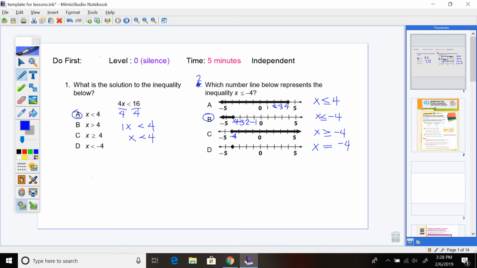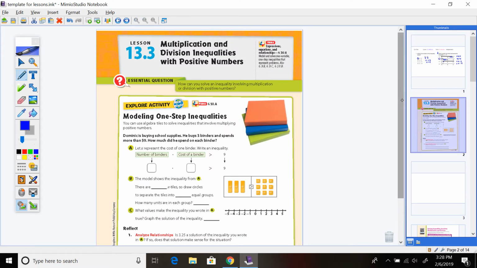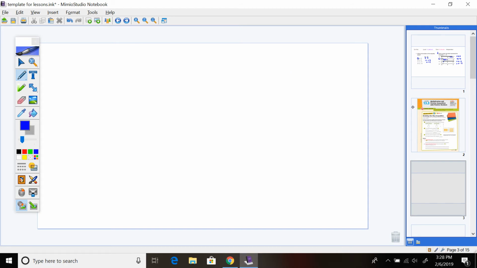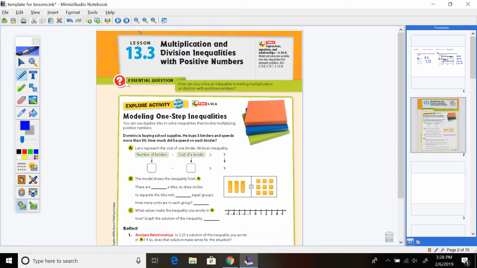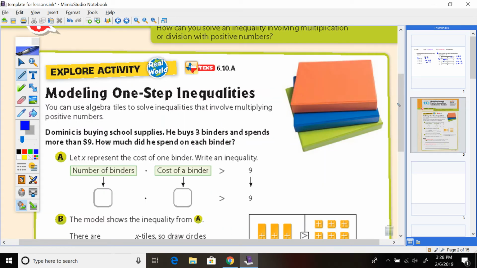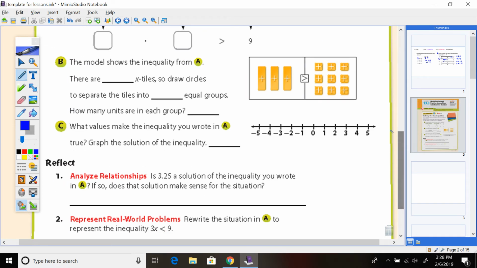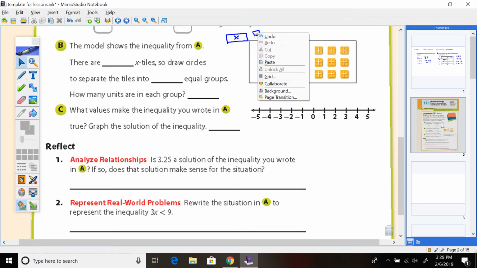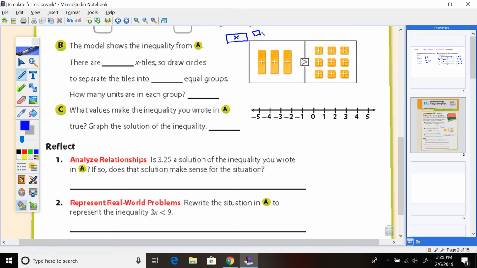Okay. So sometimes they might give you questions that have pictures and diagrams. We're going to focus on this right here. So one rectangle represents an x. The little ones represent 1 unit, +1.